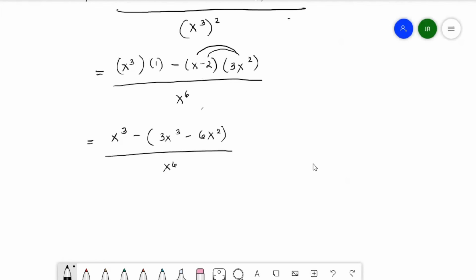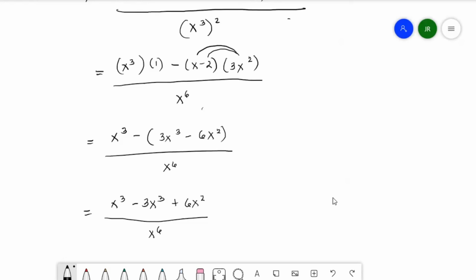So kapag ganun, take the opposite or distribute this negative sa lahat ng term na nasa loob. So that is x cubed, negative multiplied by 3x cubed. This is negative 3x cubed. Negative multiplied by negative 6x squared. This will become positive 6x squared. Then over x to the 6th power.